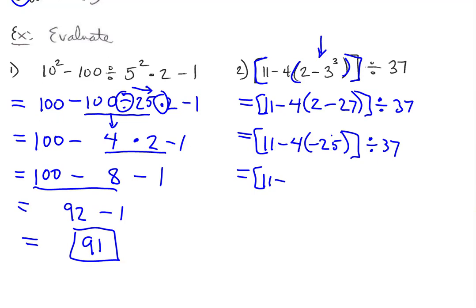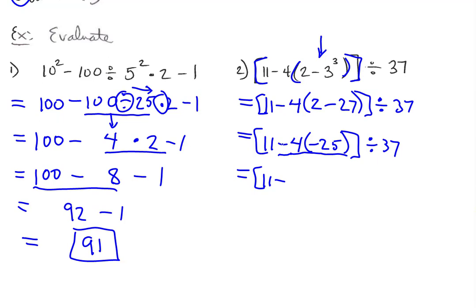So there's a couple ways to see that, and what I'm going to suggest is that we kind of underline the multiplying going on between the 4 and the negative 25, but I think it's safer to see that as a negative 4 times a negative 25.